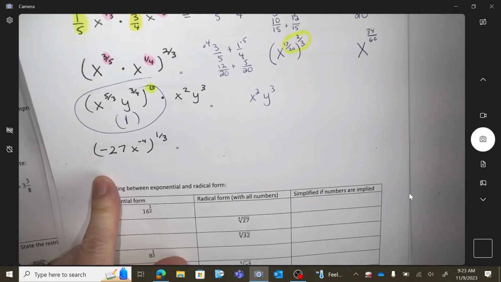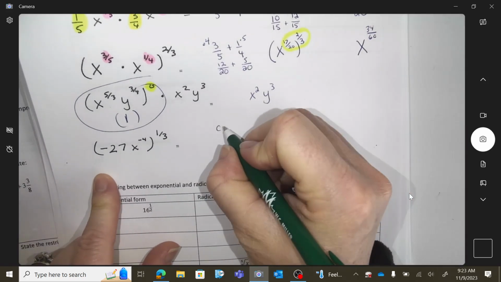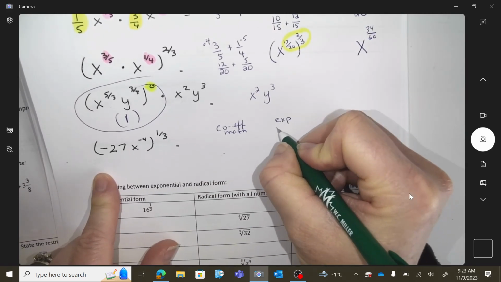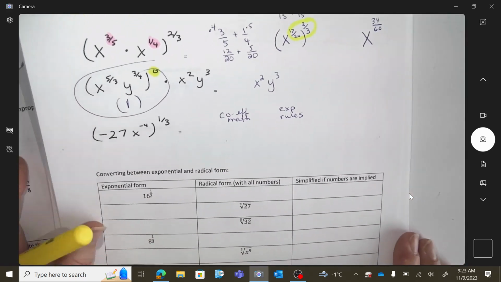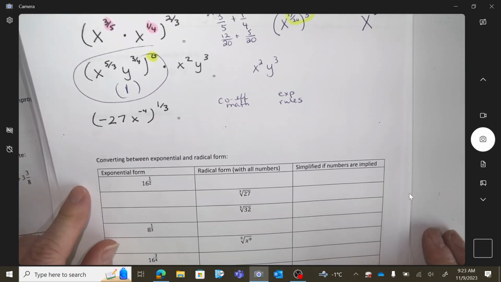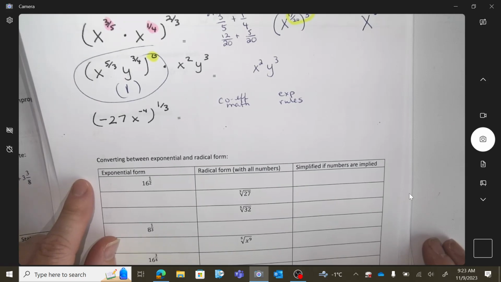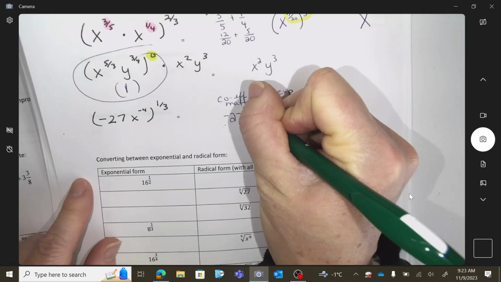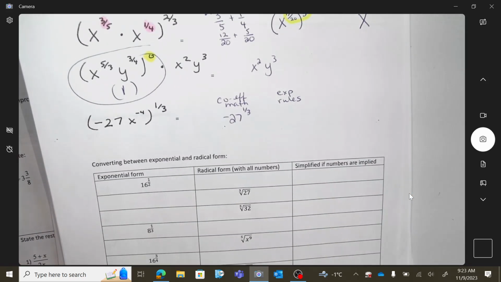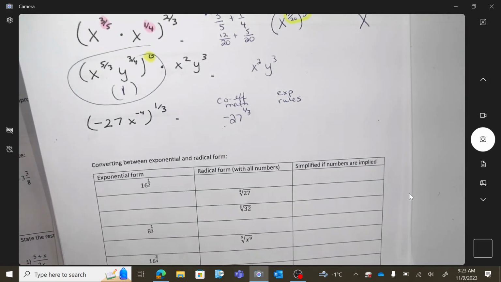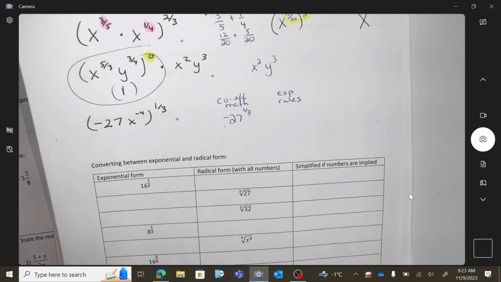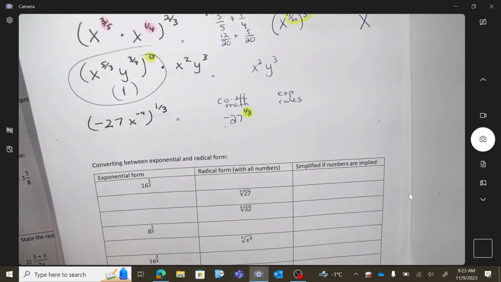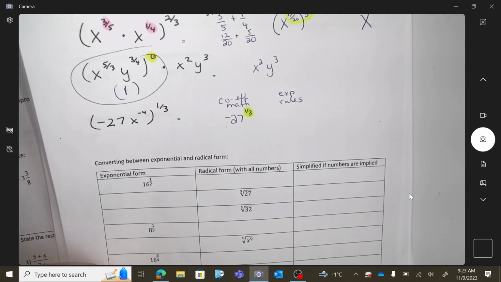Okay, this question has a coefficient involved, so I'm going to do some coefficient math, and I'm going to do some exponent rules. So negative 27 to a 1/3 is the math. Okay? Does anybody remember an exponent that looked like this is doing the exact same thing as what else?